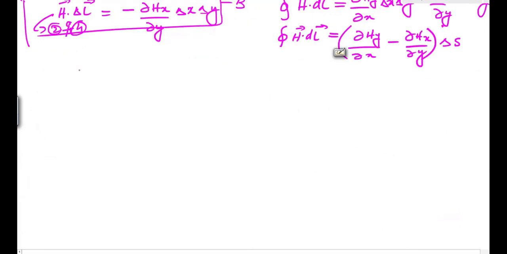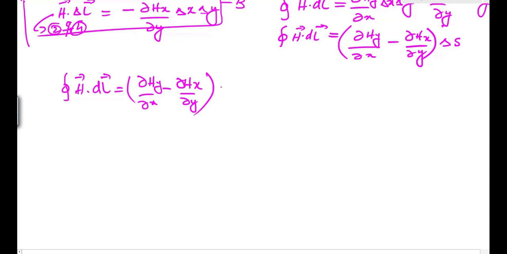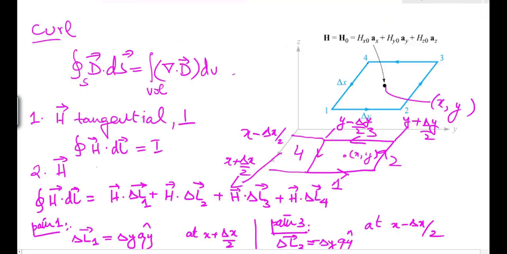So we have obtained this important relationship: the closed integral of h dot dl equals the partial hy over partial x minus the partial hx over partial y, into the delta s. This relation we have obtained by applying Ampere's circuital law to this path.